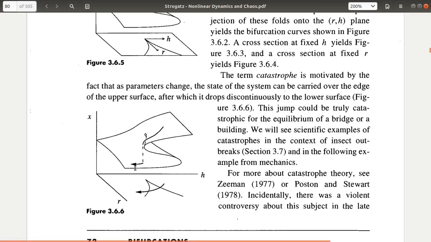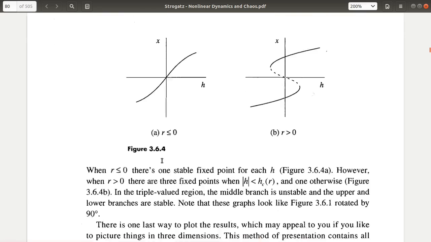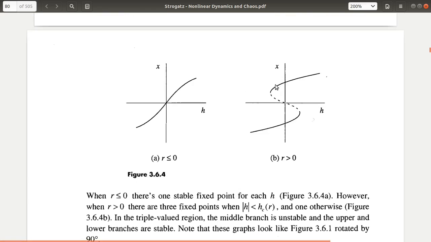Even here we observe such a jump or hysteresis behavior. For example, let me explain that from this picture. Let's say I have some h value for some r value such that my system is at this point. My system is stable at this point.